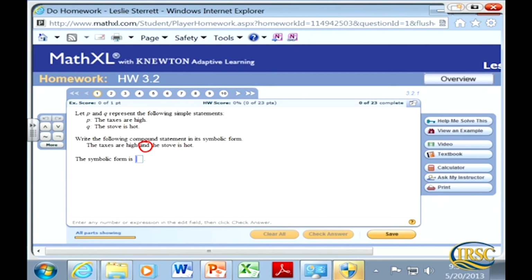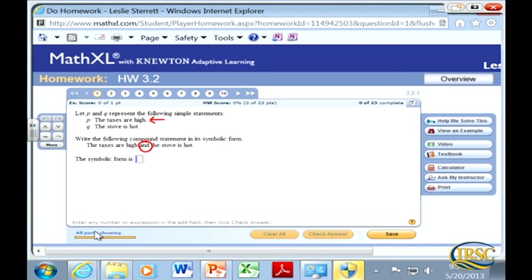You can see that we're starting with the taxes are high, so what letter is that? P. Right here it's already been identified for you. And then the stove is hot is Q. And so then we just have to figure out which symbol stands for the word and. Notice that all your symbols are over here to the left. So is it the one that opens down or the one that opens up? Down, good. And, question?